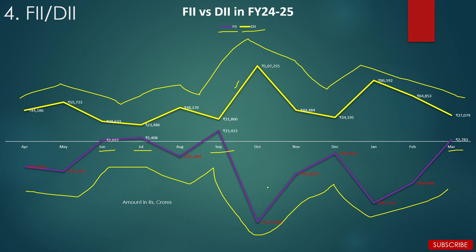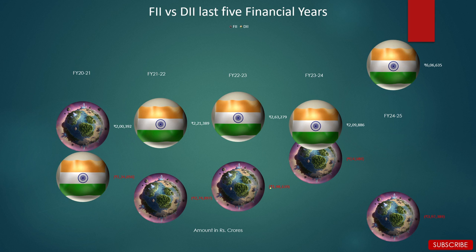Now let's see another interesting graph which shows the FIIs and DIIs trend over the last 5 financial years. So this is the one. This bar shows the DIIs and this bar shows the FIIs, and it is for the last 5 financial years.